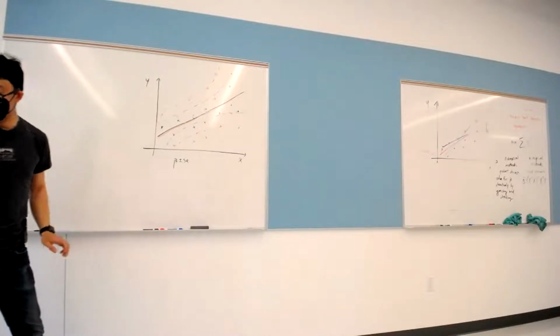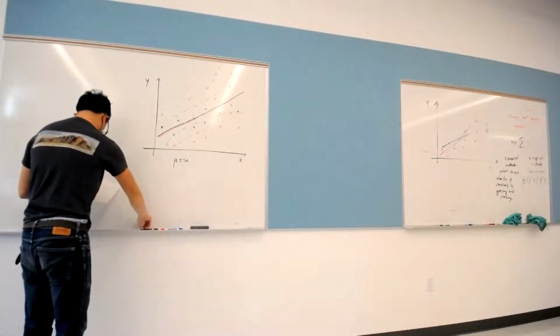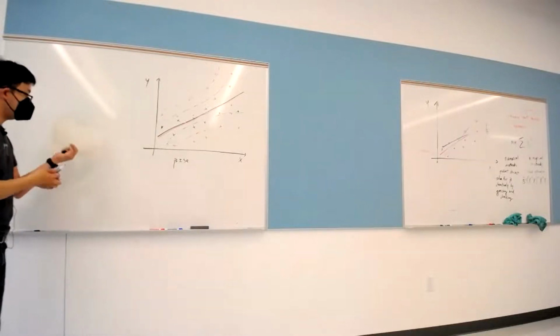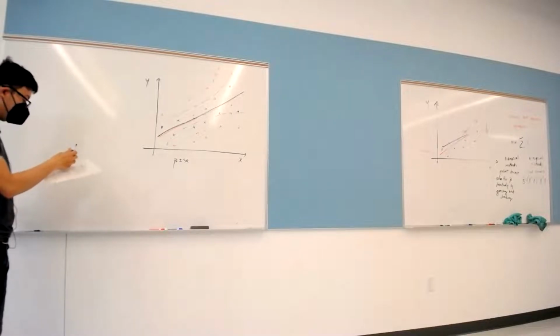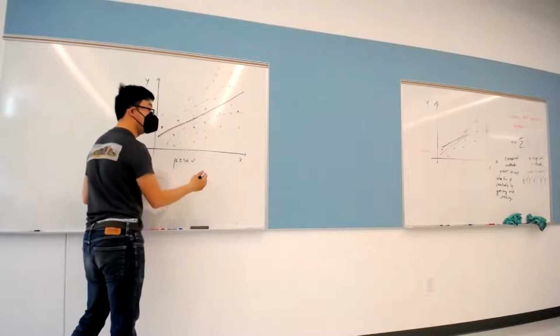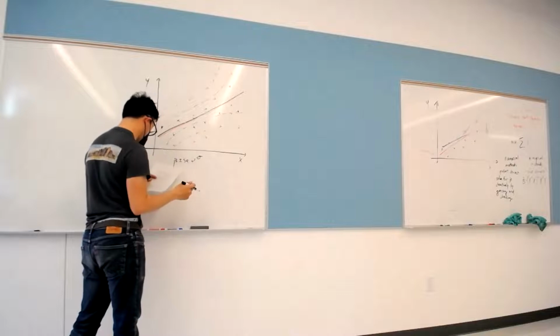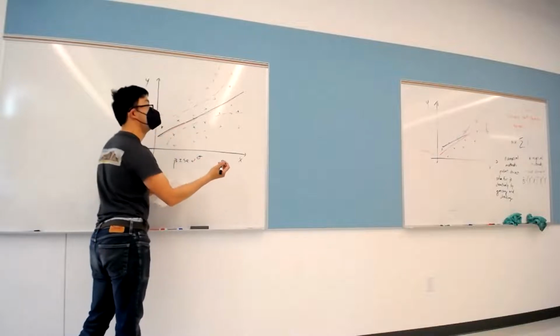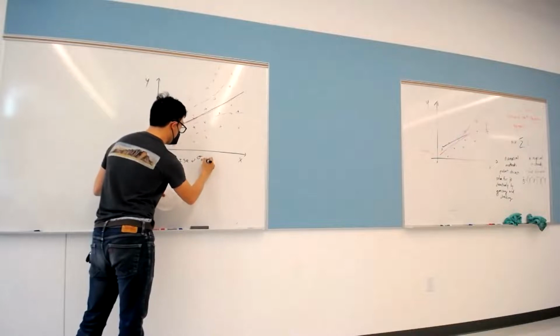This term is known as the standard error, which I just described here. You might see it more traditionally as this symbol, sigma. Sigma of beta.